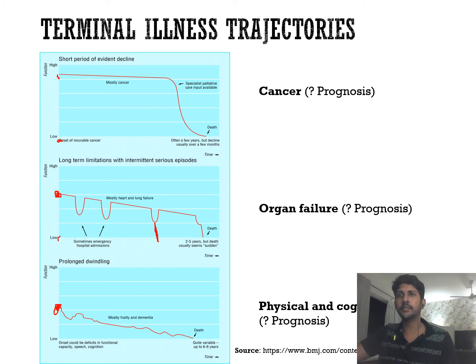So they can proceed towards death at any of these points along the course. So knowing about these illness trajectories is very important when we treat patients with life-limiting illnesses.